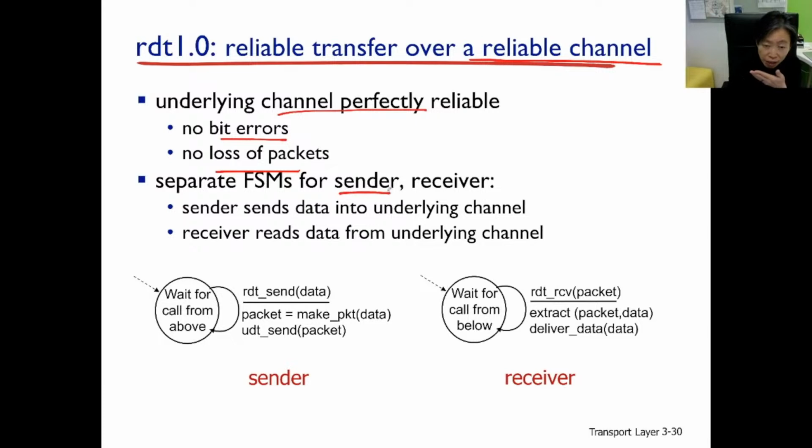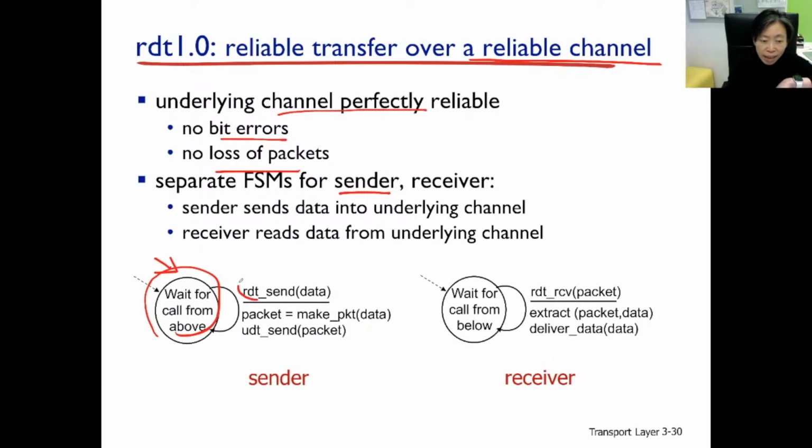Okay, so the sender side of the finite state machine, FSM, will look just like this. Okay, so there is always at least one state that is also the starting state. There's no ending state for these machines because they'll be looping forever. Okay, so the starting state is wait for call from above. Okay, so the application calls for data to be sent to the transport layer.